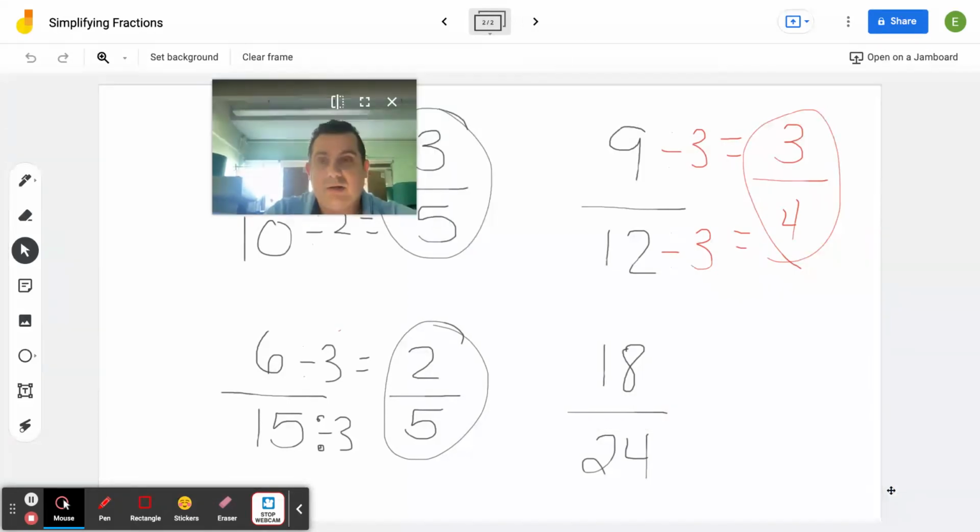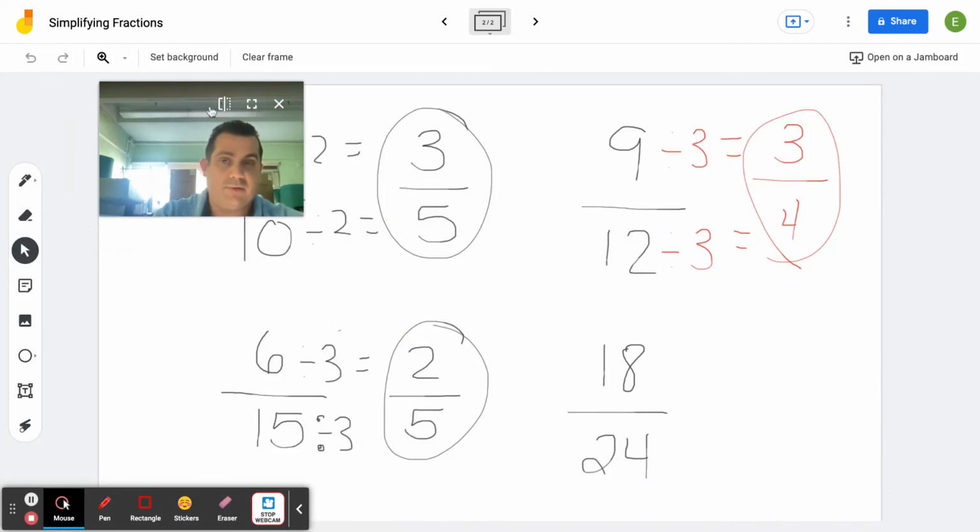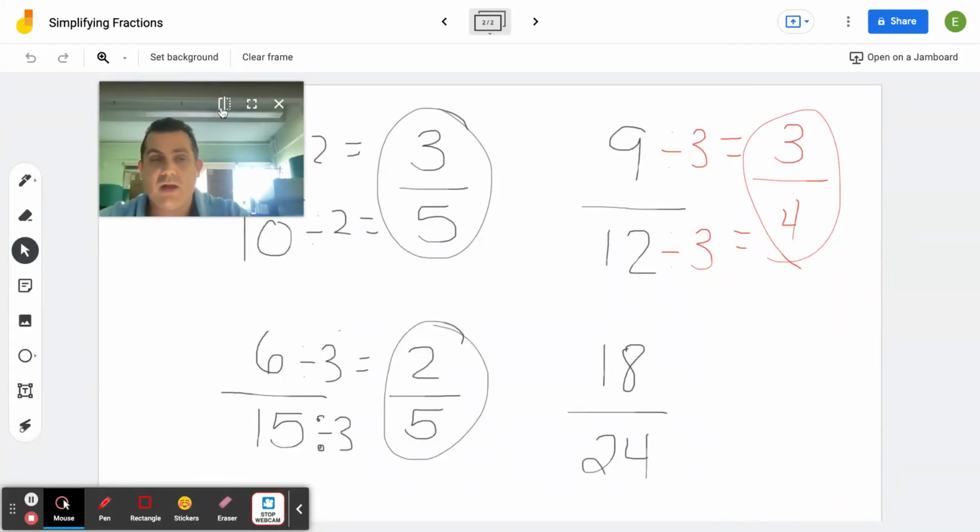And the last one is 18/24. Well, let me look at the factors of 18 and 24. Let me do 18.